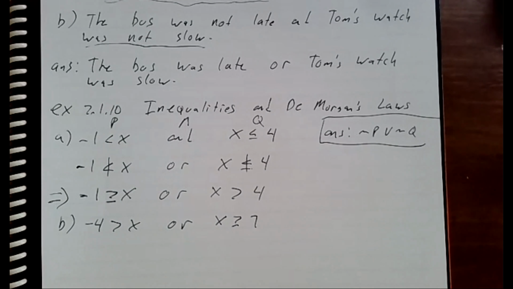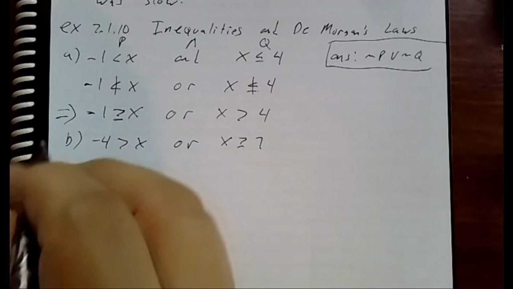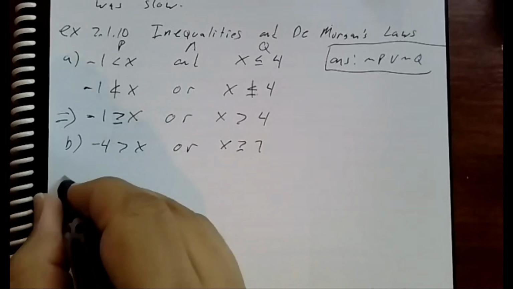This probably is a false statement. What would be the negation using De Morgan's law? -4 is not less than or equal to x.